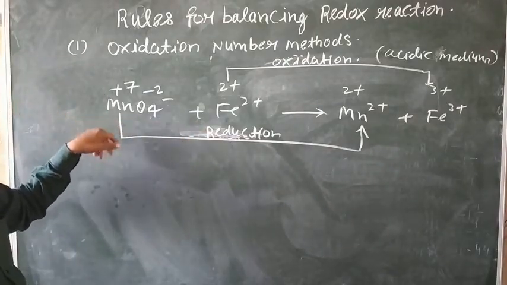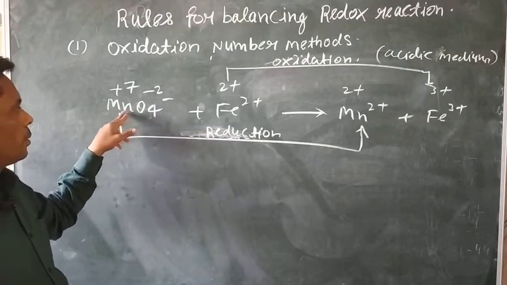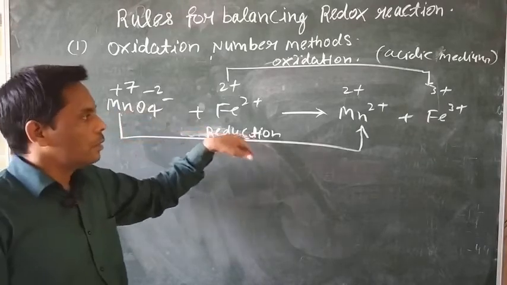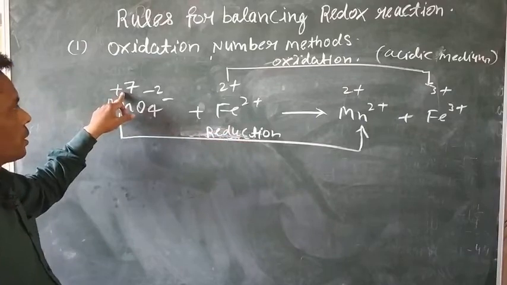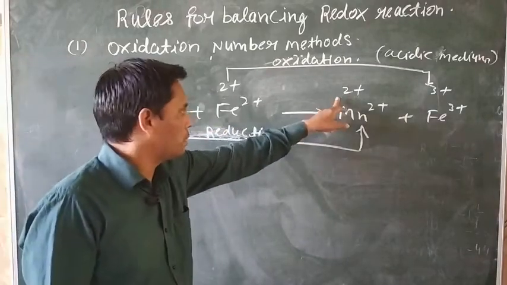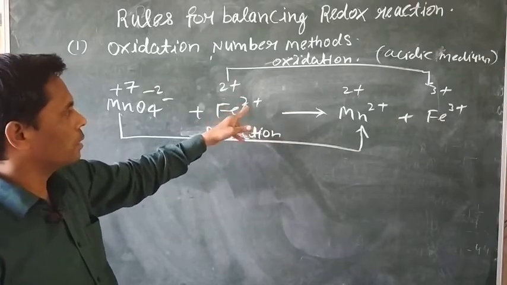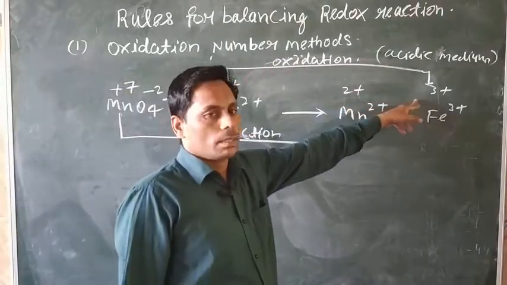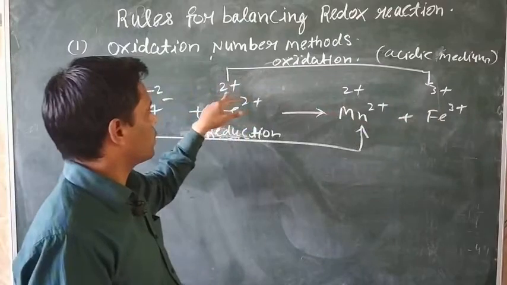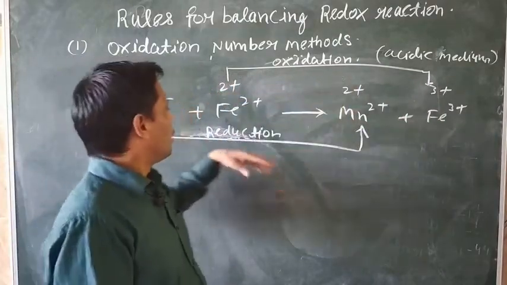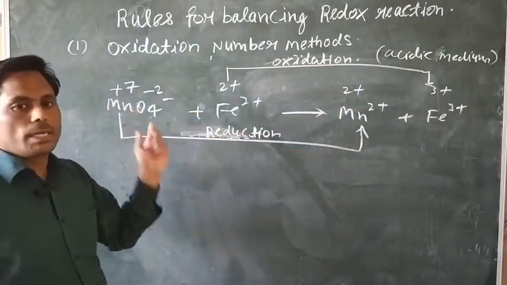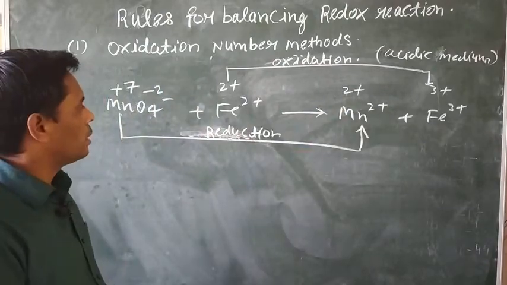In this case, in MnO4-, the manganese atom undergoes reduction by decreasing its oxidation number from +7 to +2. Similarly, the ferrous ion increases its oxidation number from +2 to +3. After that, we calculate the change in oxidation number, the increase or decrease.